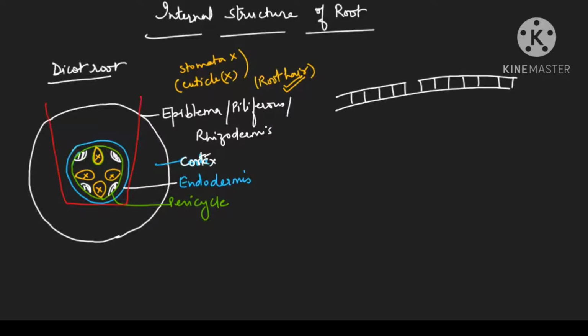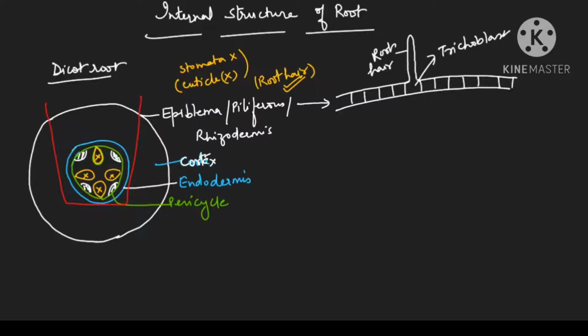This is the cell which is going to give rise to root hair. So this cell is known as trichoblast. And root hairs are unicellular and they are epidermal outgrowths. So this is your piliferous layer. I hope this much labeling is clear to you.